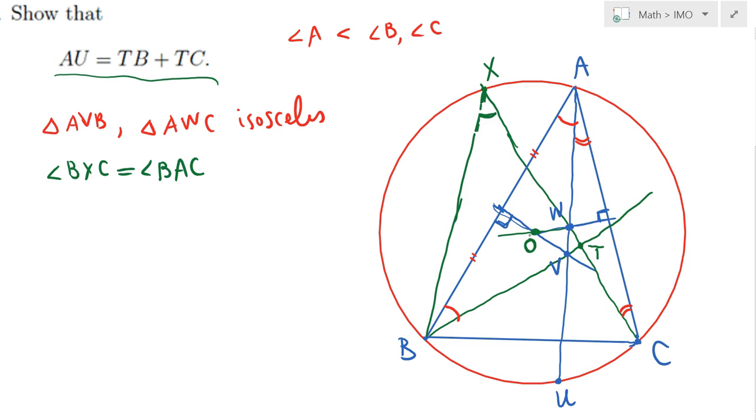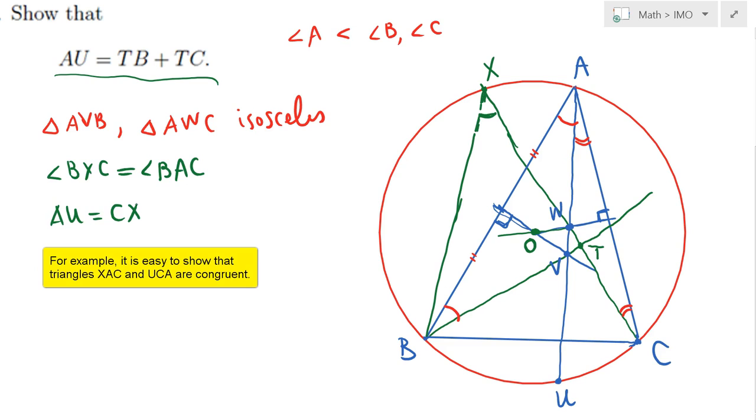But what I'm trying to say is that because triangle AWC is isosceles, and you have this chord AC, which is so symmetrically situated with respect to the circle, the distance AU is equal to CW, right? So in fact, AU is equal to CX. Sorry, CX, I should say. But I hope that's clear, right?